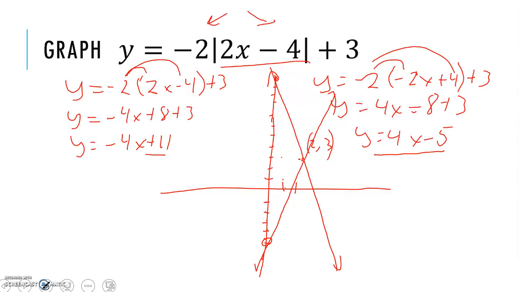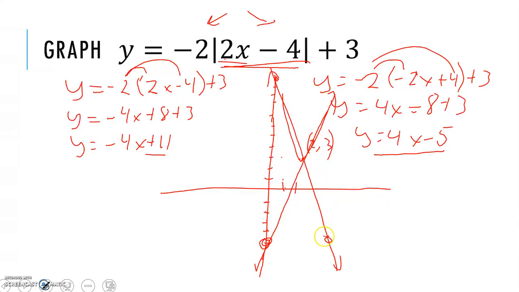This is not a function right now if I have both the V that opens up and the V that opens down. And so if I were to plug in a point like, let's say x equals 0, then I would have 2 times 0 is 0, minus 4 is -4. The absolute value of -4 is 4, times -2 is -8, and -8 plus 3 gives me -5. That's going to give me this point.